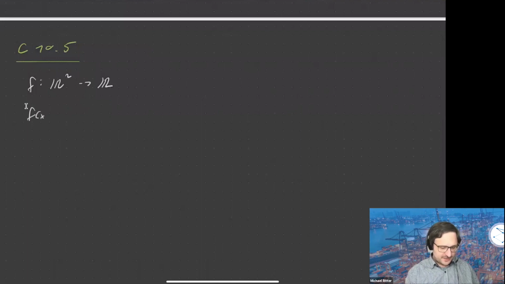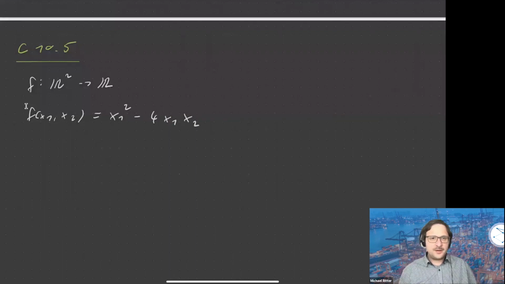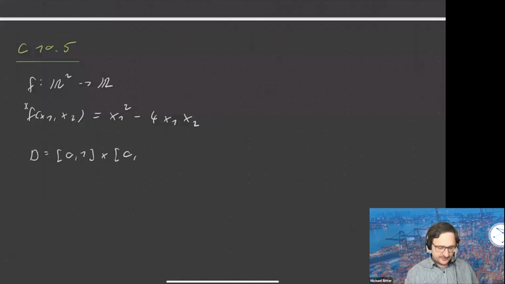That function is given as f of x1, x2 is x1 squared minus 4 x1 x2. And the task is to integrate f over the box given by 0, 1 times 0, 1, or a shorthand for that would be 0, 1 squared.